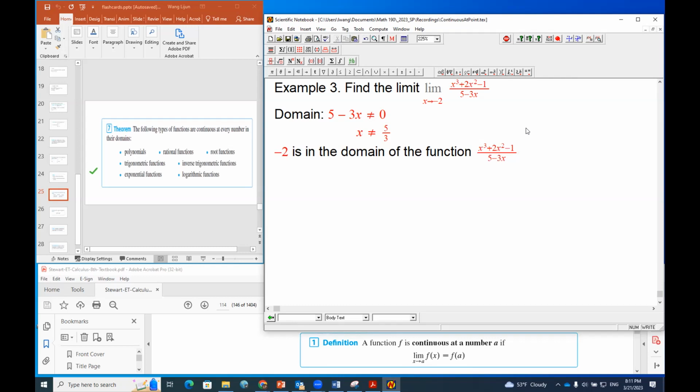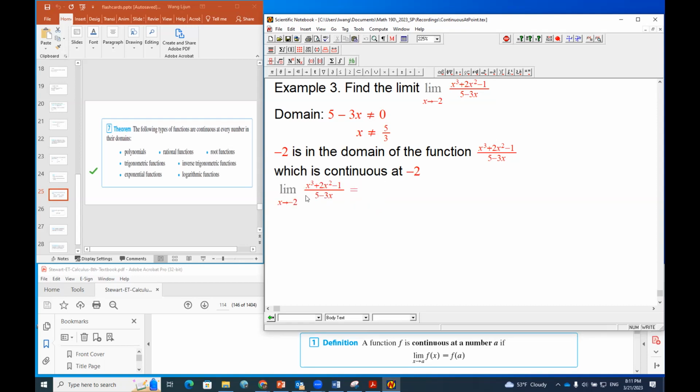Then we can apply theorem number 7, or you can also apply theorem number 5. This function is continuous at -2. If it's continuous at -2, when we take the limit, it's just direct substitution. That's basically what the definition of continuity says.